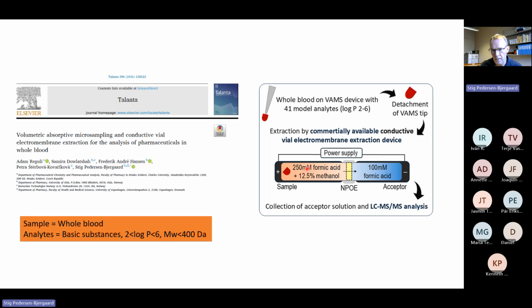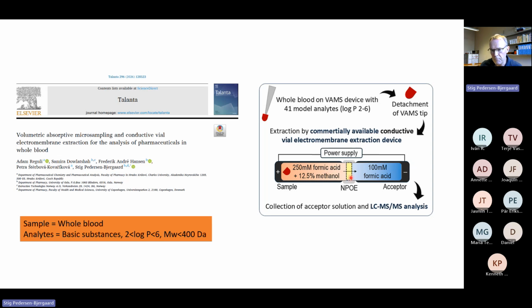So in this chamber, the analytes were released from the blood matrix into this formic acid methanol solution. And this, of course, is a very dirty solution because more or less everything from the blood sample will be dissolved in this liquid. So therefore, we did EME to clean up this fluid very efficiently.